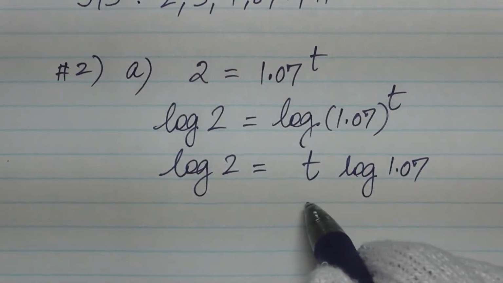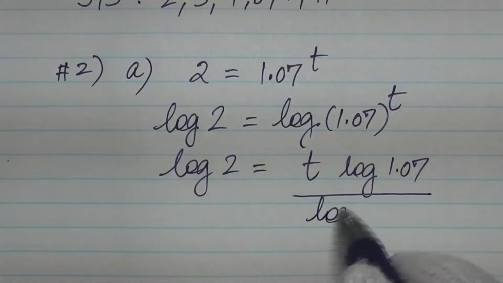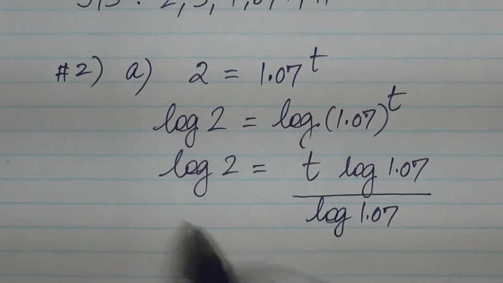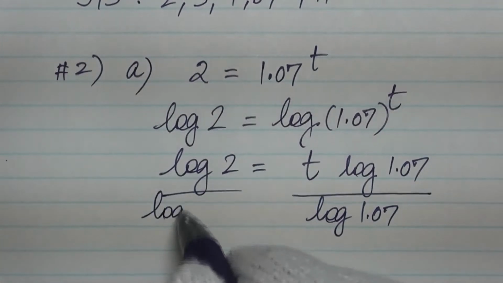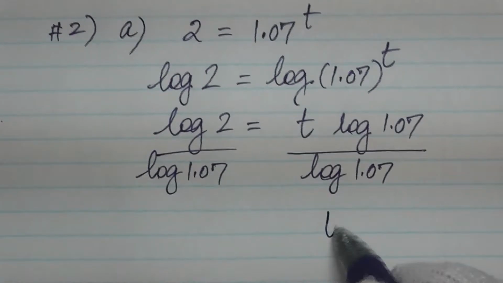And then to isolate t, I'm going to divide out the log 1.07, which means t.